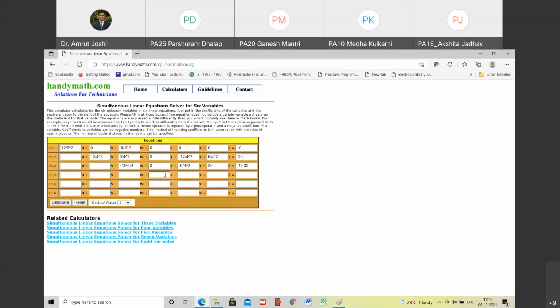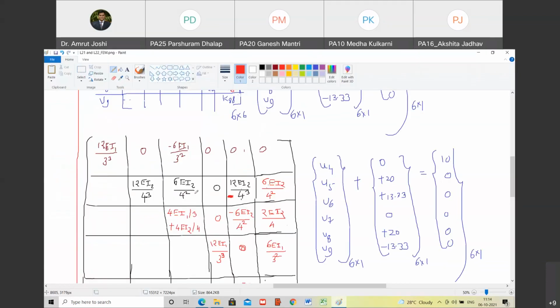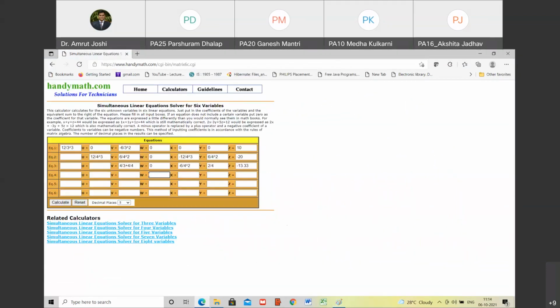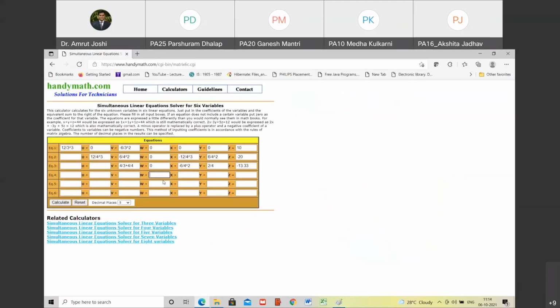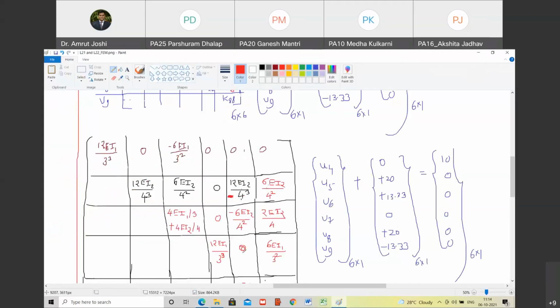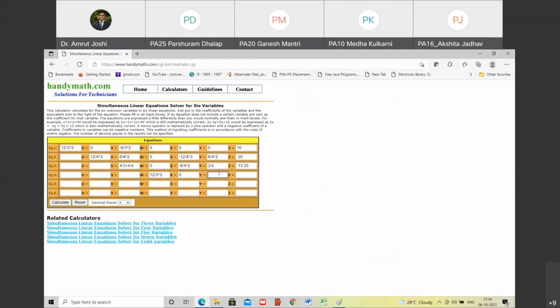Next equation. 12 by 3 cube. Did we make some mistake? Some mistake, right? No, right? 12 by 3 cube, 12 by 3 cube, 12 by 3 cube. Then 0 and 6 by 3 square.